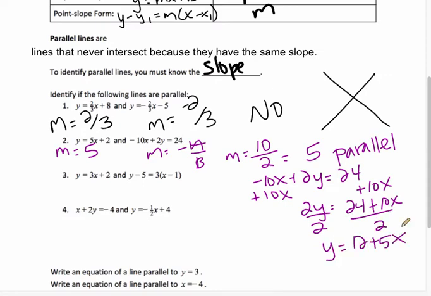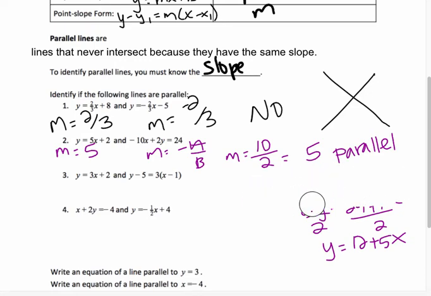But that's not necessary because we understand that the slope is going to be negative a over b, and that's all we're interested in. If I need the y-intercept, then I could do this. By the way, the y-intercept is going to be c over b. It's going to be 24 divided by 2. I'm going to erase that. I just want to show you that you could do this, but again, it's not necessary if you know that the slope is going to be negative a over b.